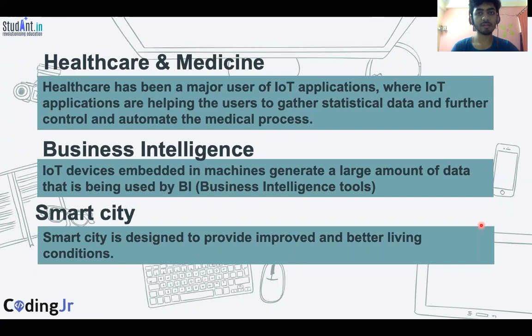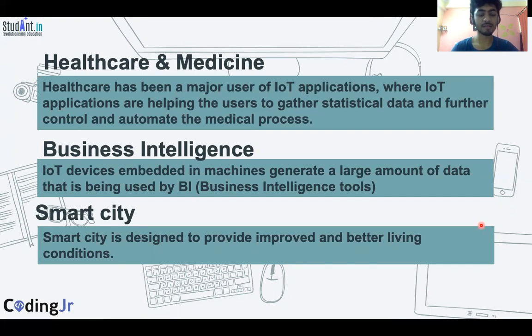They gather the data around their surroundings and store it in their database. That stored data can be used by business intelligence, so they can implement some business models based on the data collected. This is one of the uses of IoT in business intelligence.